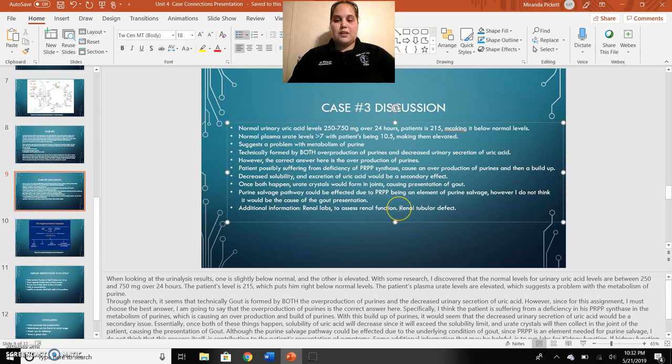And most often renal function is affected because there's some kind of renal tubular defect. I put an article in my references about this, but I believe that renal function labs would be some important additional information to add to the patient's diagnosis.